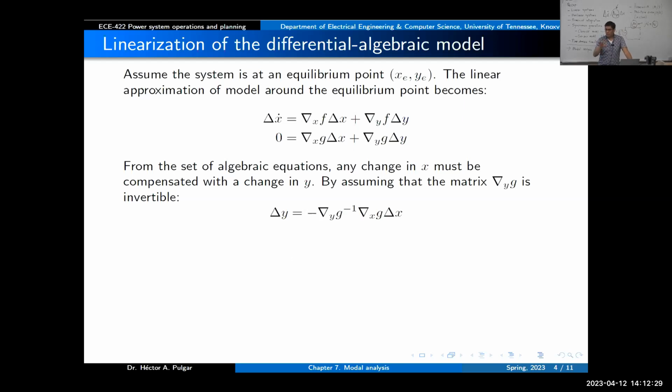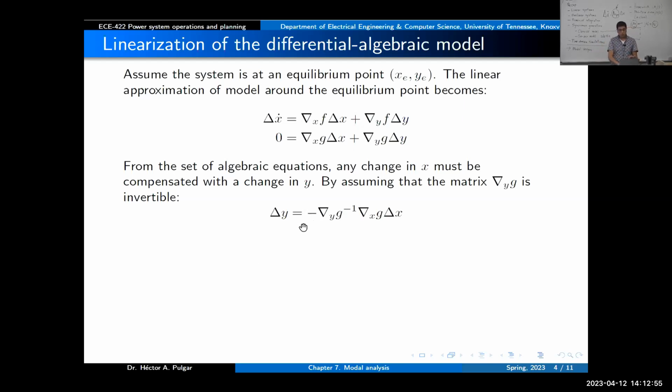But trust me on this part, most of the time, this singularity, when we cannot get the inverse of that matrix, will happen when the system is very stressed. If that is the case, we might not be able to apply this model. Let's assume that the system is not really stressed, and this is going to be invertible. Yeah, most of the systems we will study will have that property.